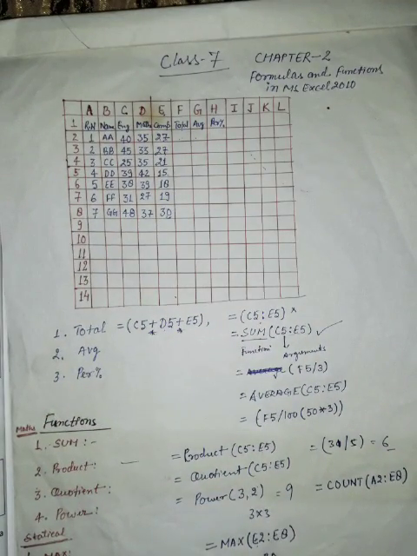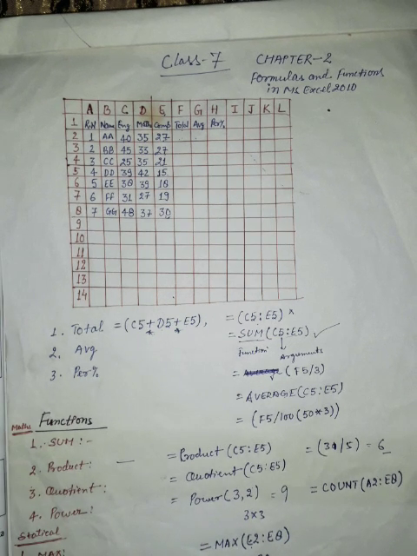So this is the counting of numbers. Student, you may be wondering what the use of the count function is, but sometimes we want to know how many numbers we have entered in the cell range. For that we can count the numbers only, between the text, between the marks. We can count the marks and numbers by entering the count function.